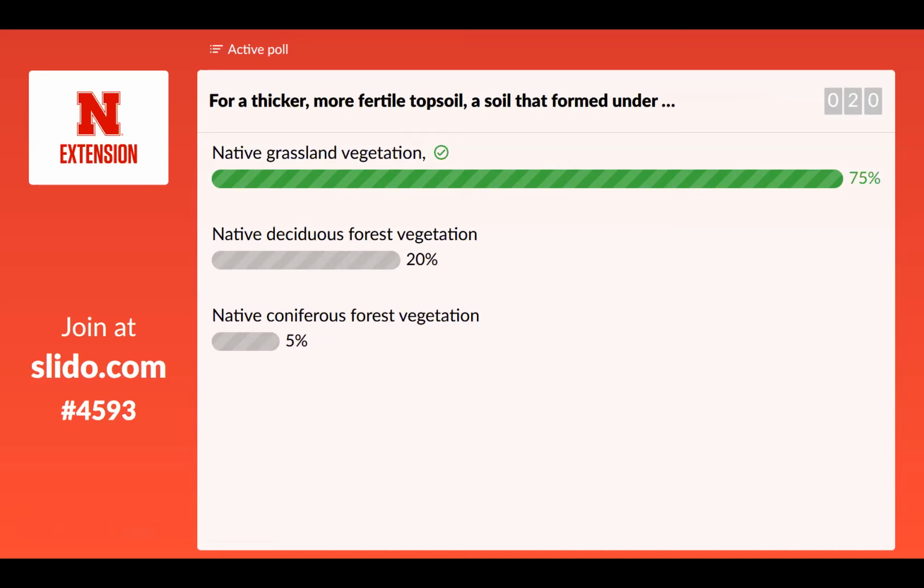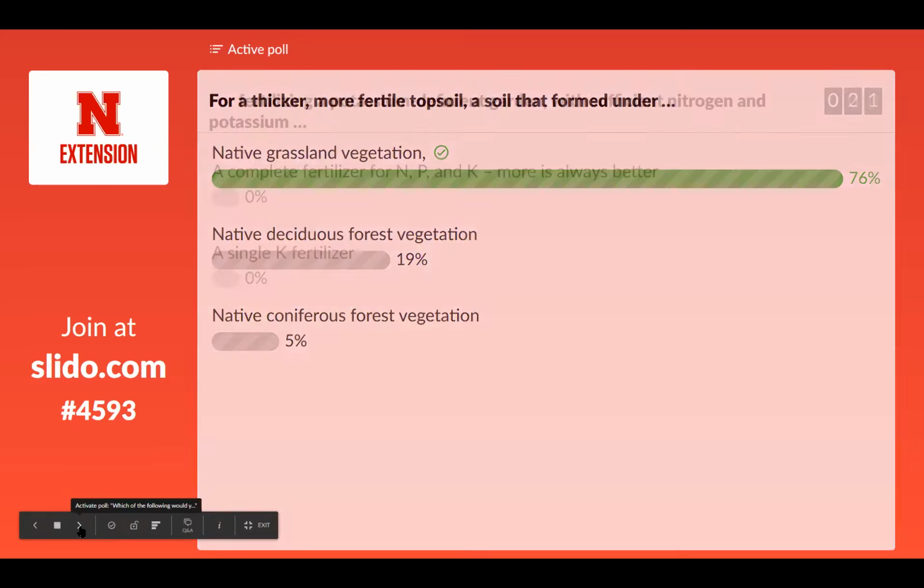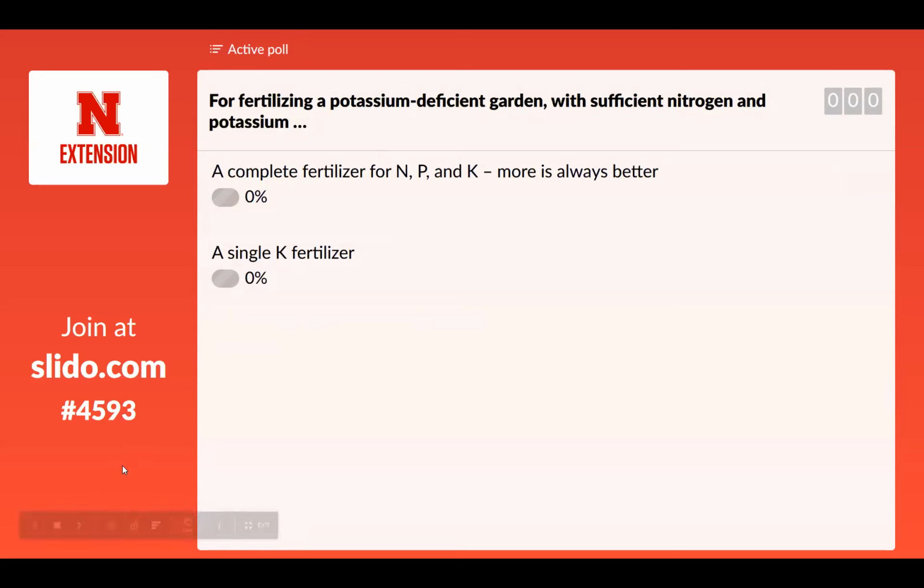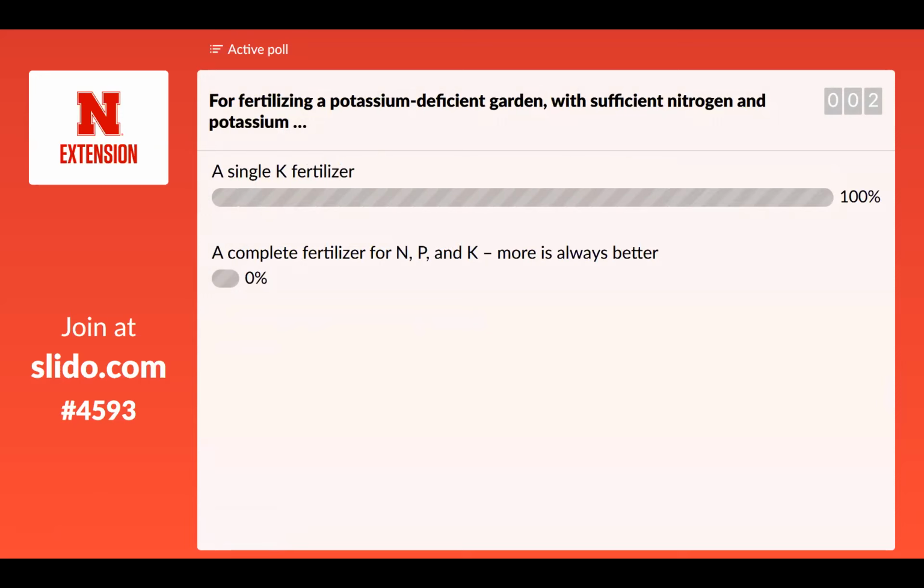Yes, native grassland soils, so good place to be, right, is Nebraska for that. Nice, thick, dark topsoil. All right, and then what about for fertilizing a potassium deficient garden, but you have sufficient nitrogen and phosphorus? Do you want a complete fertilizer with nitrogen, phosphorus, and potassium, because more is always better, or a single potassium fertilizer?